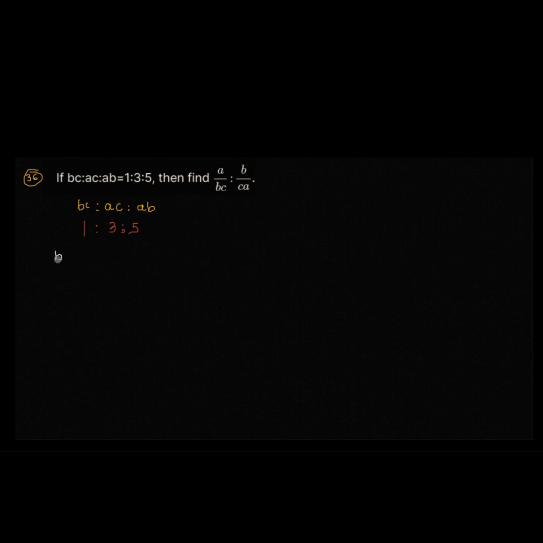So I'm going to consider BC as some constant along with its multiple as 1x, usually written as x, and AC as 3x and AB as 5x. So we are going to assume that.